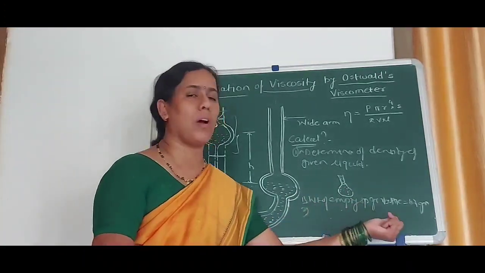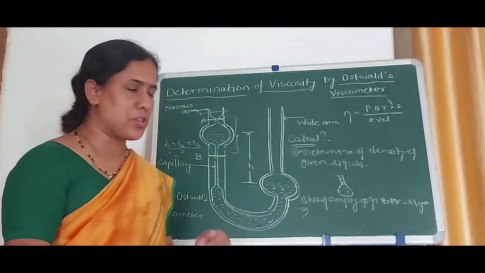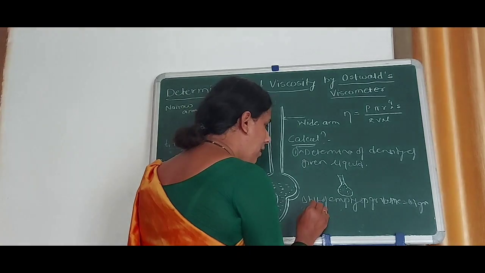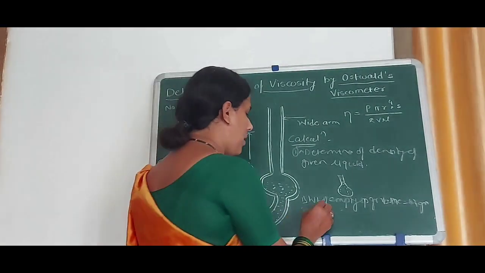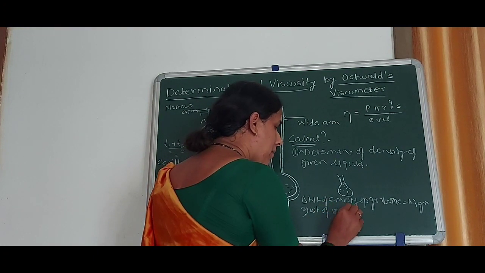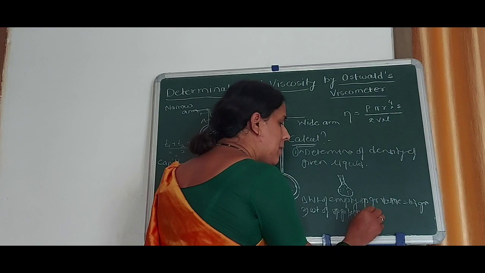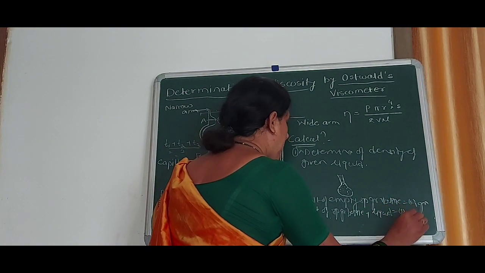Again you have to add the liquid under examination, and then weigh the specific gravity bottle on the digital balance. Therefore, the weight of the specific gravity bottle plus liquid is equal to W2 gram.